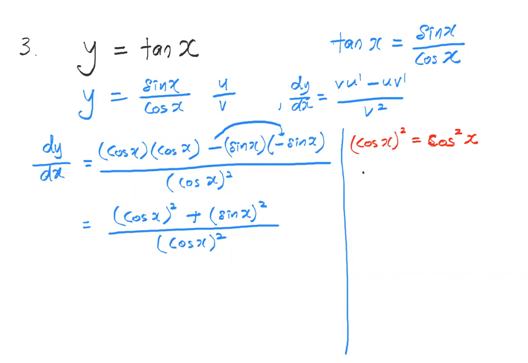Sin of an angle squared plus cos of the same angle squared, the result is always 1. So this is something that you have to remember. As long as these two angles are the same, and as long as here is a plus, the result will be 1 and it must be squared. So you can simplify that.